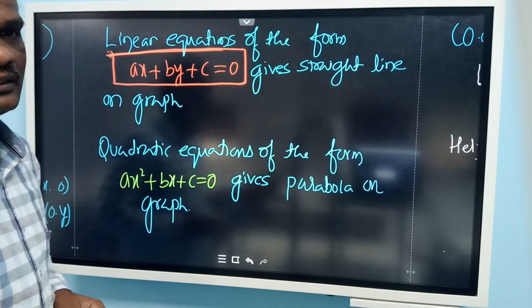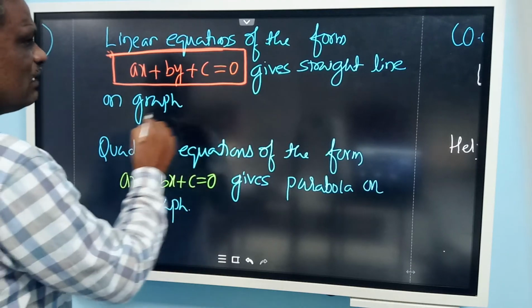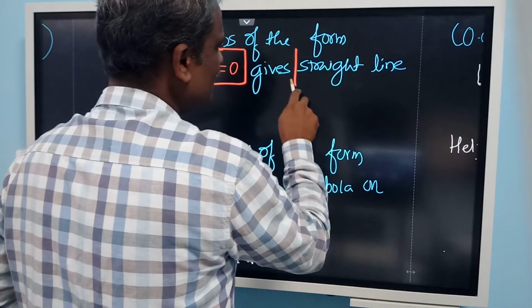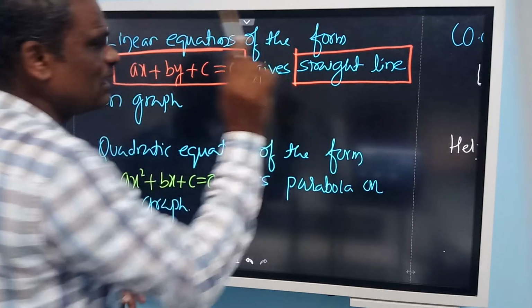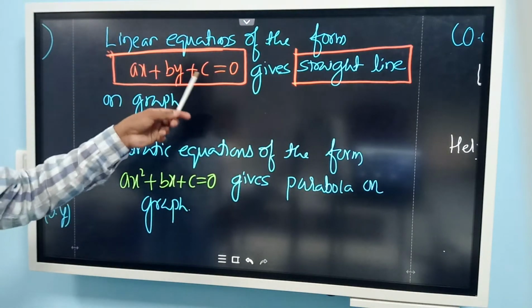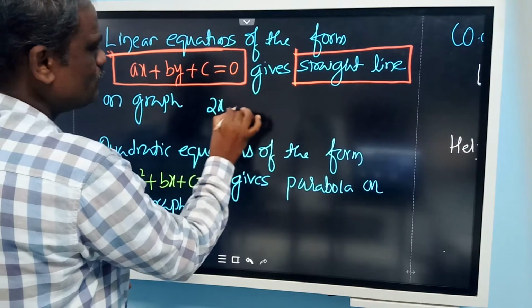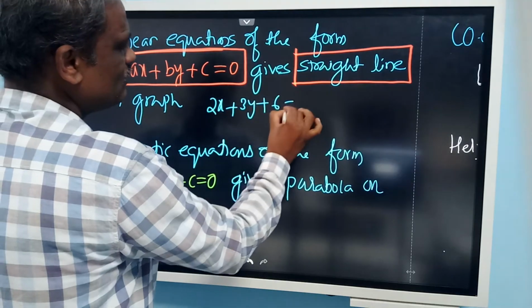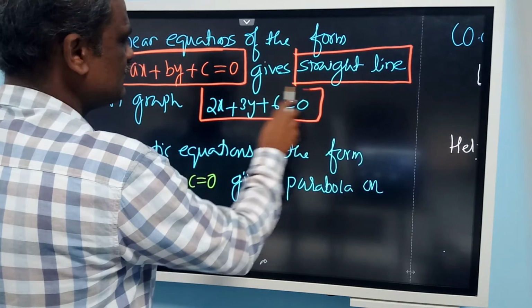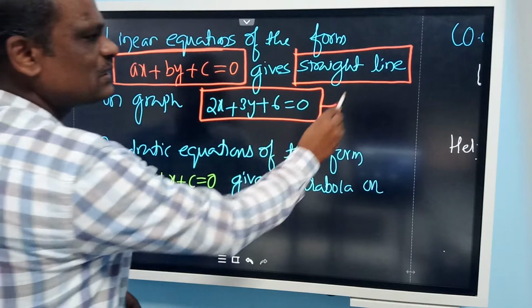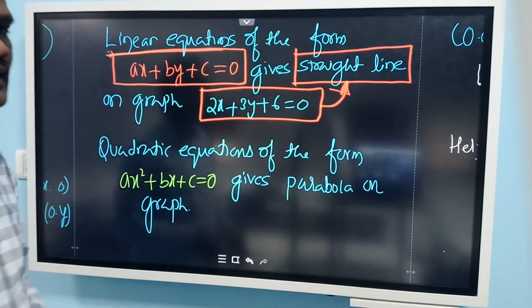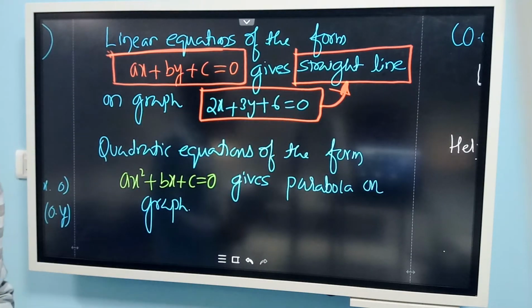If you represent that equation on a graph, you will always get a straight line. Remember that the graph of a linear equation is always a straight line. For example, take 2x plus 3y plus 6 equal to 0. You plot this on a graph, you will get a straight line. Any equation of this kind gives a straight line only.